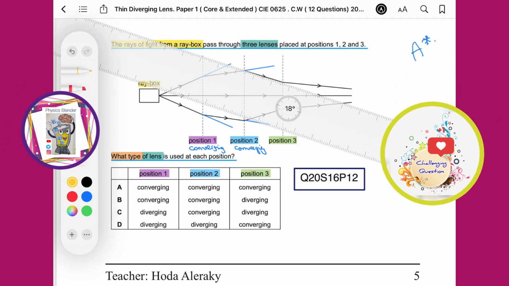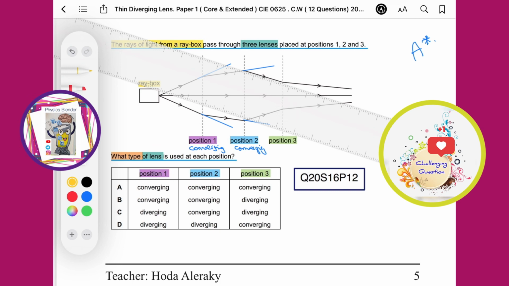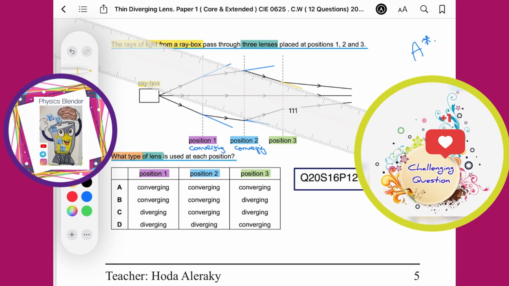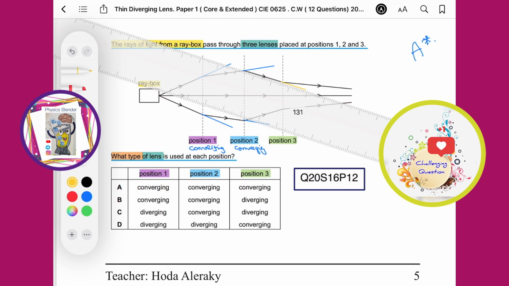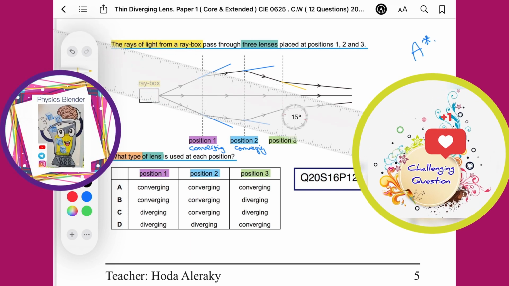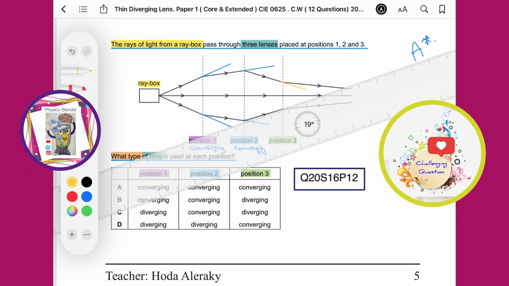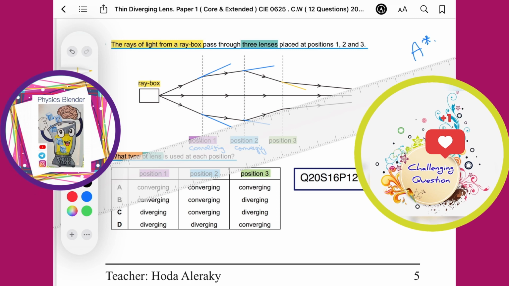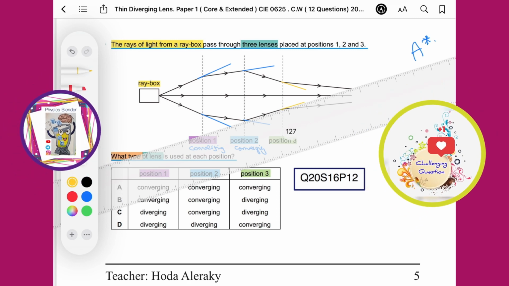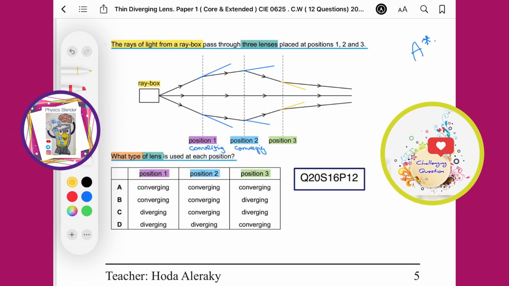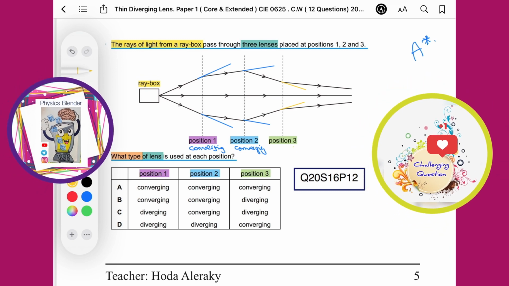Here it could continue in a straight line, but what happens? It's not converging. Can you see the difference between the two cases? It's not converging, it's diverging. Is it clear? So in position 3, it's diverging.